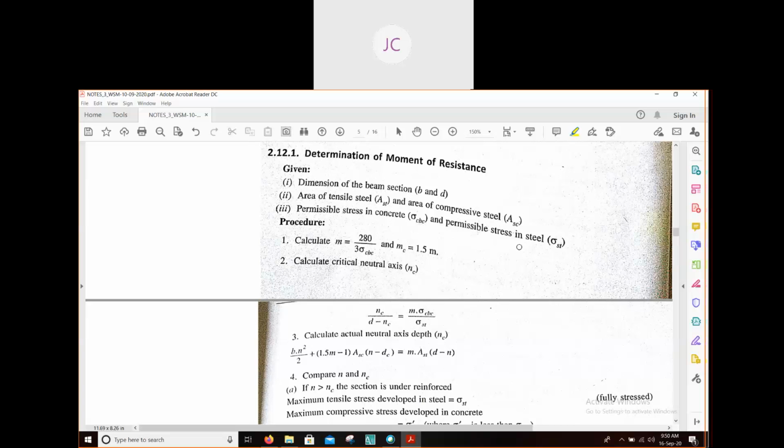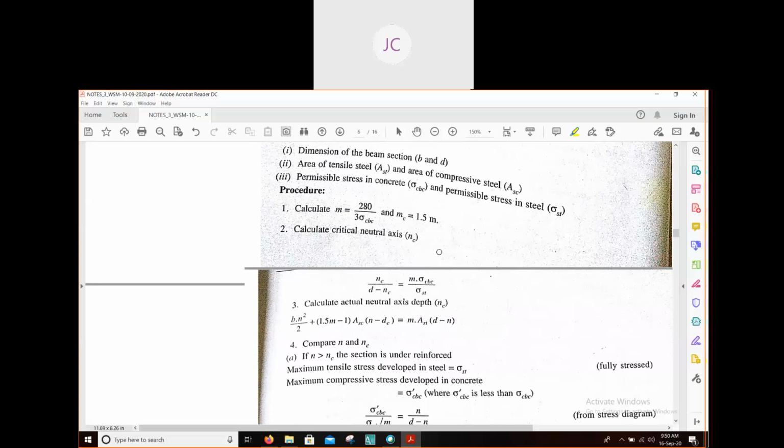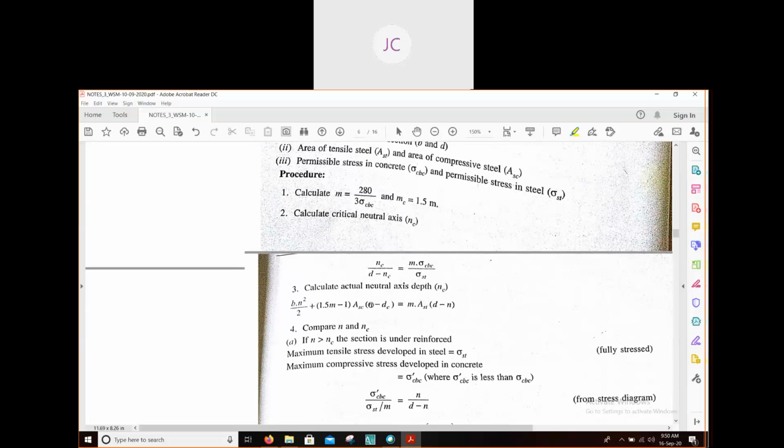Permissible stress in concrete, sigma CBC, and permissible stress in steel, sigma ST, will be given to you. Based on these values, first we have to calculate m by this formula. Then mc will be 1.5 times of n. Then we will calculate critical neutral axis by this formula, the same formula as the single reinforced beam. Next, we have to calculate actual neutral axis depth by this formula.